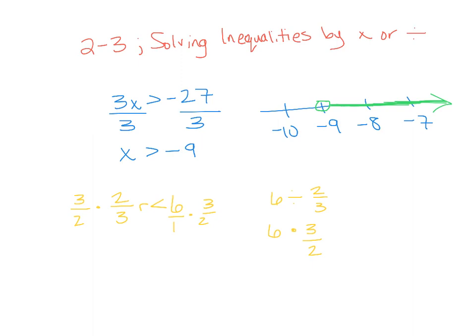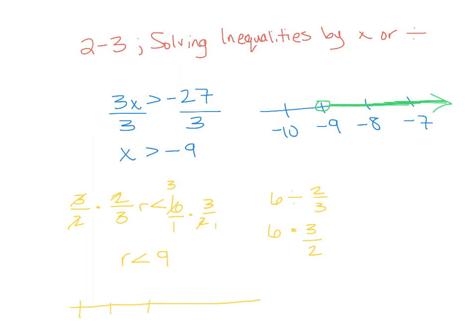So here we go. These cancel, and these cancel, leaving us with just r is less than, and then 2 goes into 2 one time, and it goes into 6 3 times. So then we have 3 times 3 is 9. Since the variable is on the left-hand side, we can follow our rule.